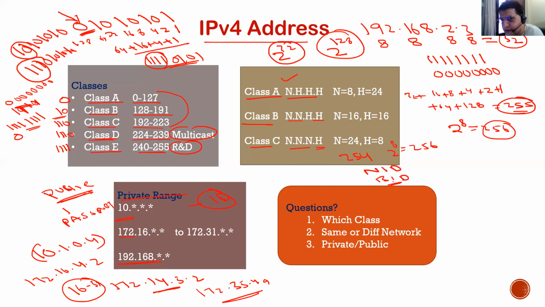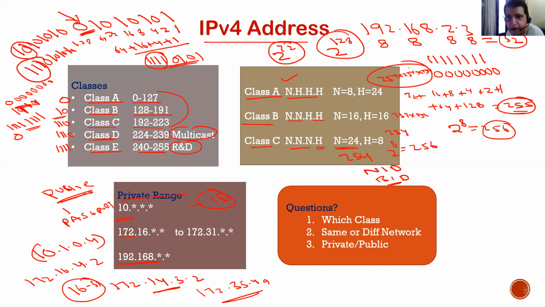I'm going to take that in some other lecture, subnetting, to understand network and broadcast ID. But here you can understand, if you take an IP from class C, then in that network you will have 254 hosts. For class A you will have 254 into 254 into 254.